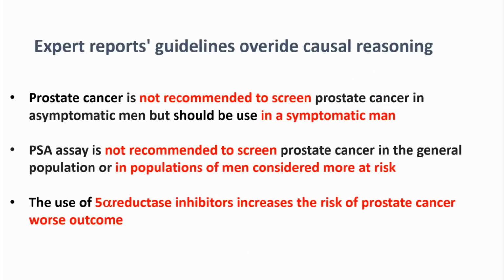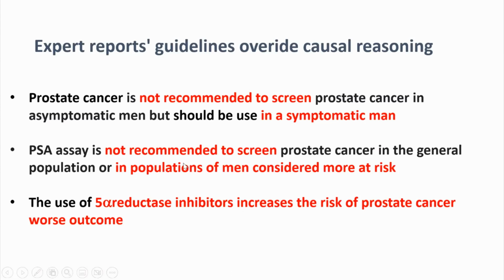After that, expert reports and guidelines also give us three other recommendations about screening and prevention of prostate cancer. But the guidelines override causal reasoning. Why? The first one is no recommendation of PSA screening in a symptomatic man with low urinary tract symptoms.